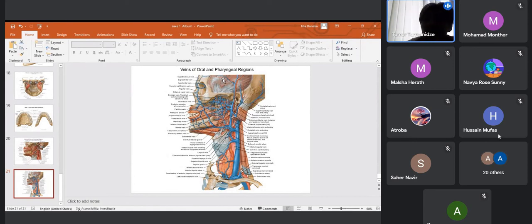This is the way of spreading of infection from superficial tissues of the face to the deep region of the face, and by the superior ophthalmic vein through the cranial cavity. This is the deep facial vein, what we see, and this is the pterygoid venous plexus. So the main vein of the deep region of the face is the pterygoid plexus, and it is communicated by the deep facial vein.